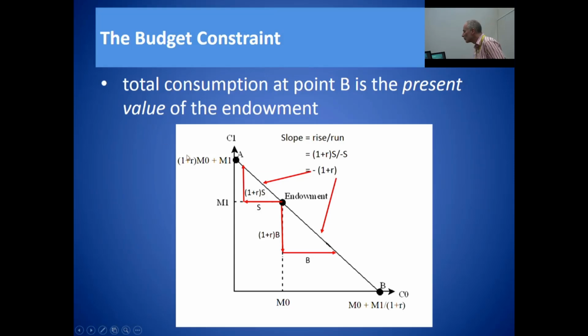And lastly, what's the slope of that budget constraint? Minus 1 plus R. So hopefully it should be fairly obvious that if the rate of interest changes, increases or decreases, those three components will also be affected. The present value, the future value of the endowment, and also the slope of the budget constraint.